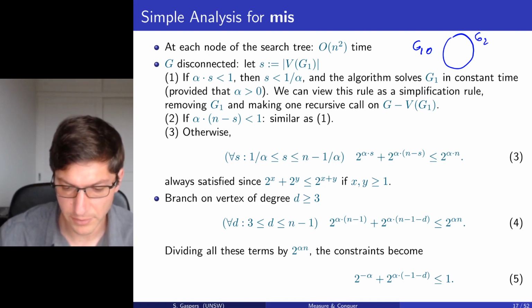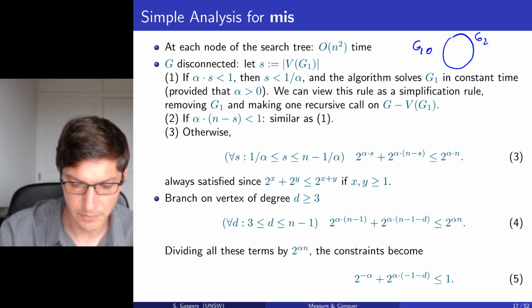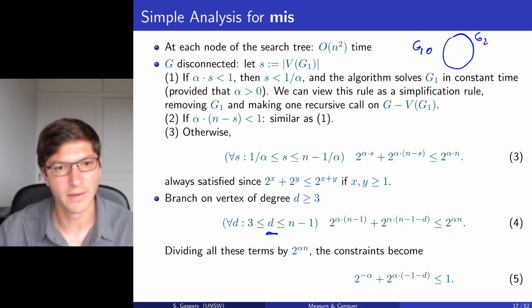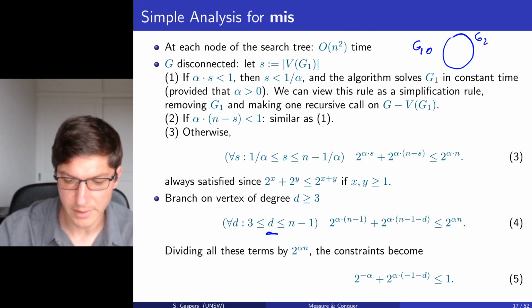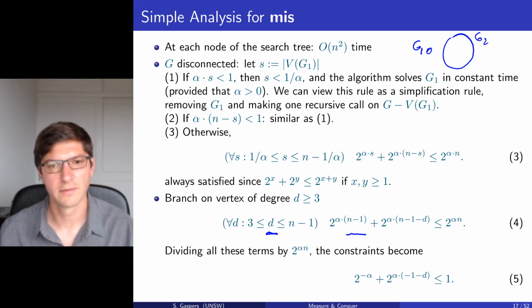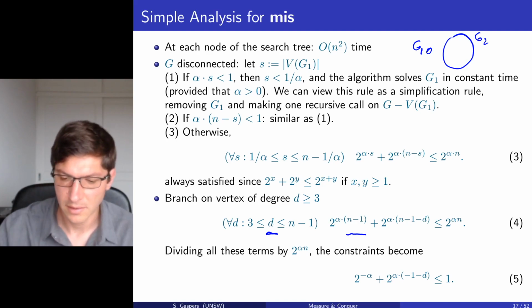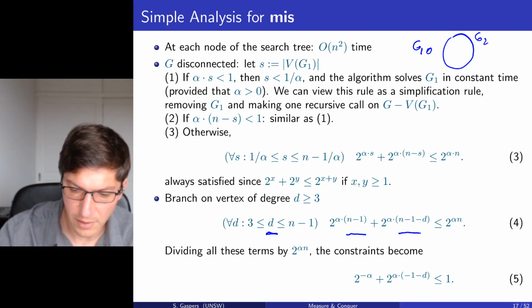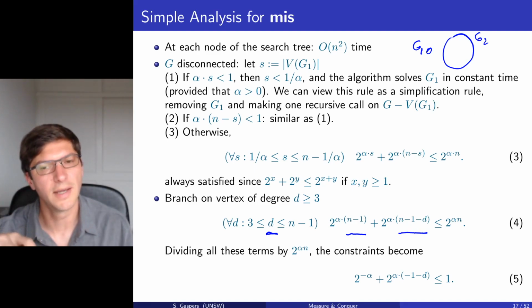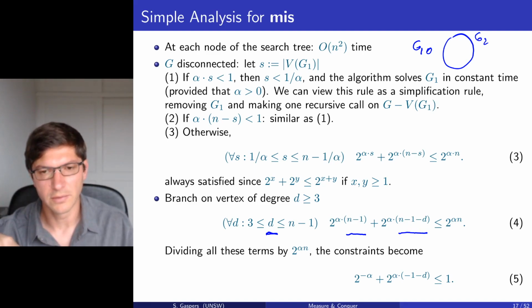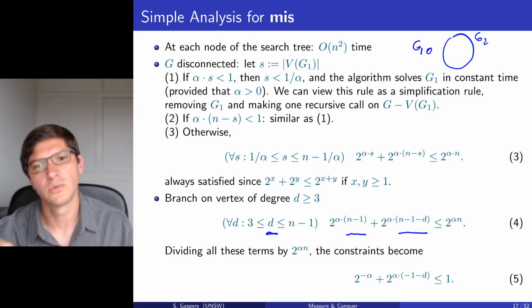For every possible degree that we could encounter, so for every possible value of d between 3 and n minus 1, the instance where we discard the vertex v has size n minus 1, and the instance where we select v, so we delete v and all its neighbors, has size n minus 1 minus d.